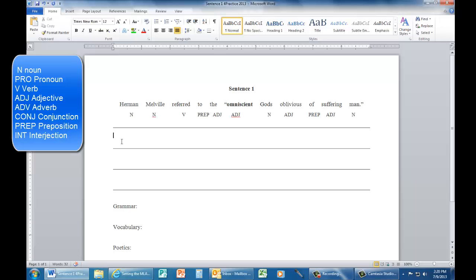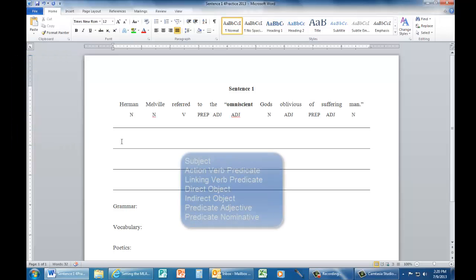On the next line, we will identify the parts of a sentence. So we are looking specifically for our essential elements: subject, predicate, direct object, indirect object, predicate adjective, predicate nominative.